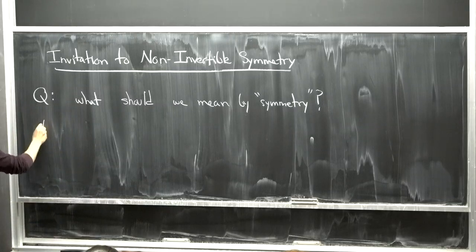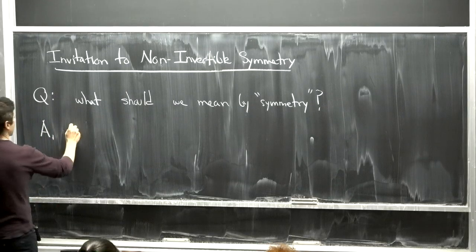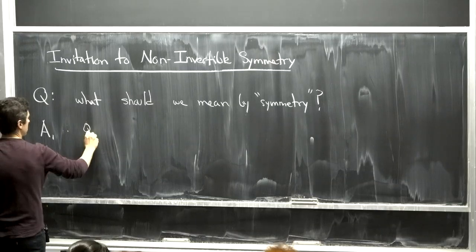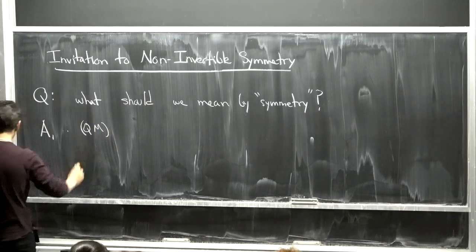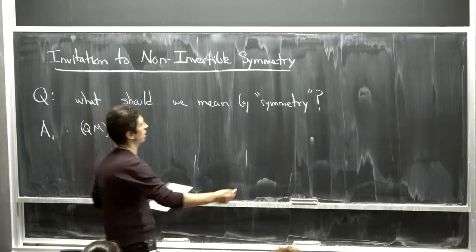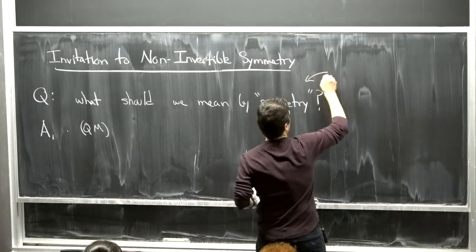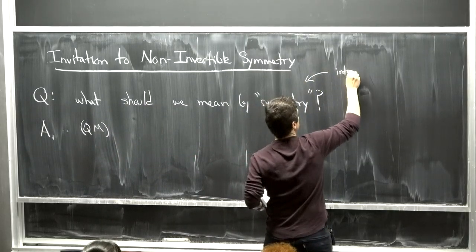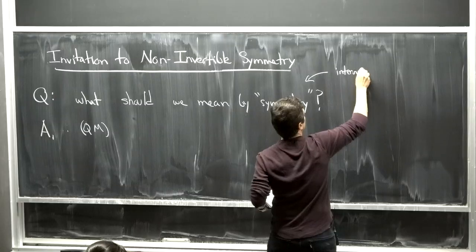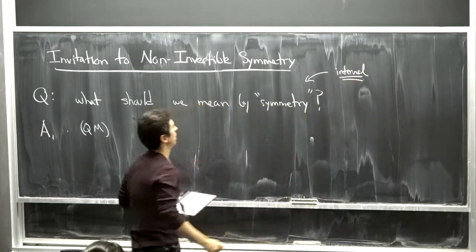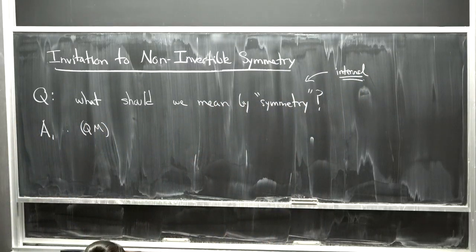One answer presents itself right away in quantum mechanics. So this is the quantum mechanics answer. And I should add this caveat: I'm always going to be talking about internal symmetry. There are space-time symmetries which are more general, but I'll be focused always on internal symmetry.